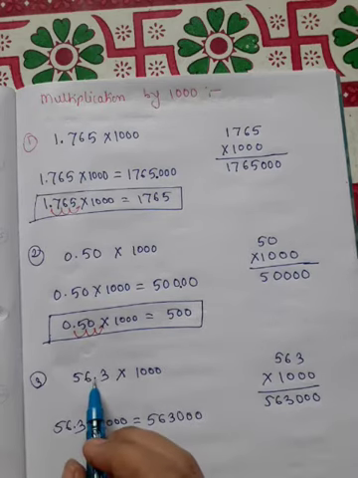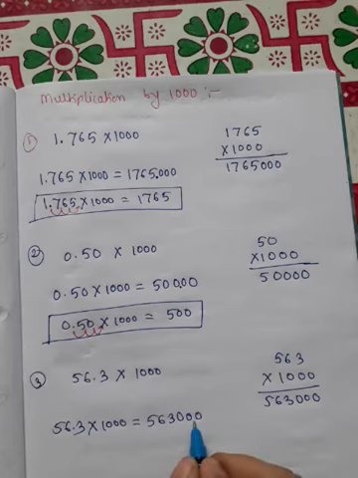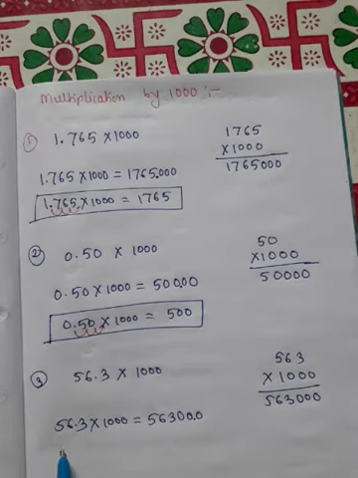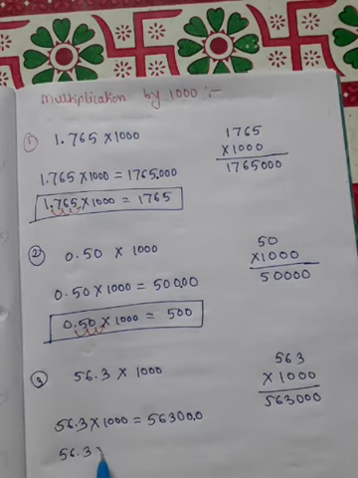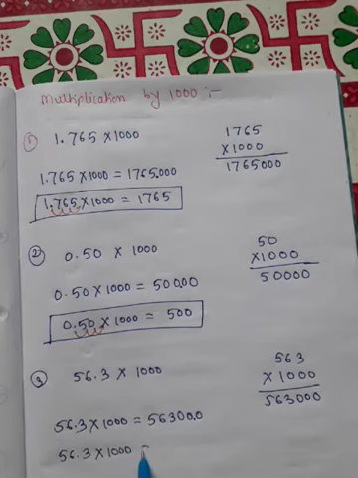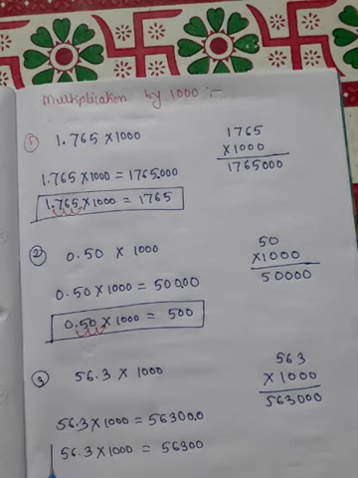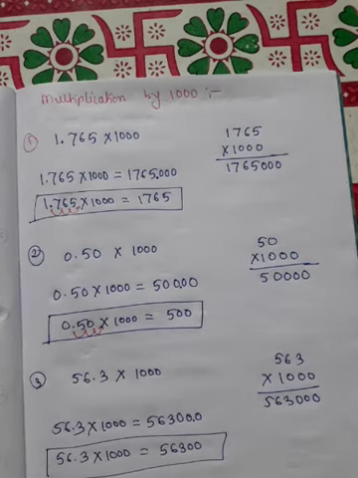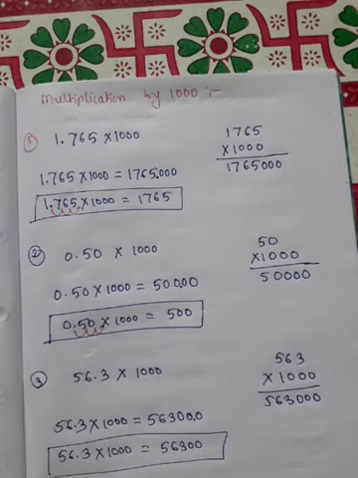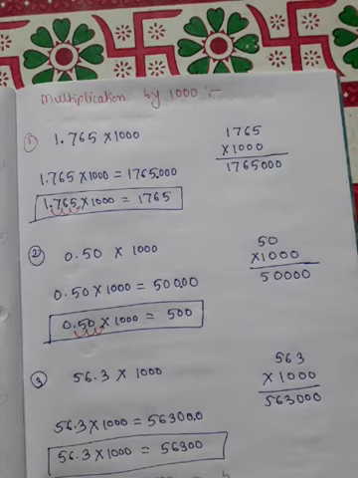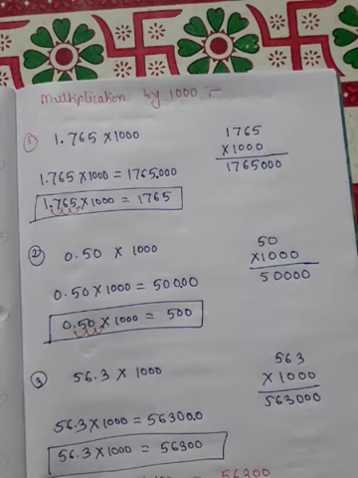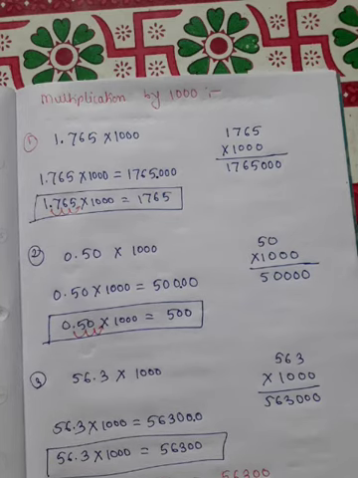See, there is 1 digit after the decimal point, so put the decimal point before 1 digit. So 56.3 into 1000 is equal to 56300. .0 doesn't matter. So see, here also when we multiply 56.3 by 1000, we get this product. So what happened is that this decimal point is shifted.